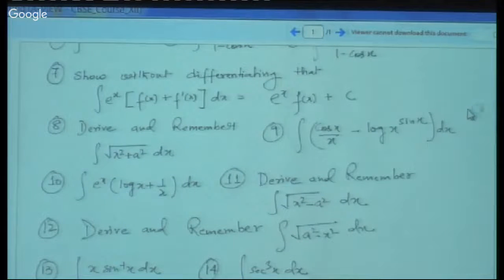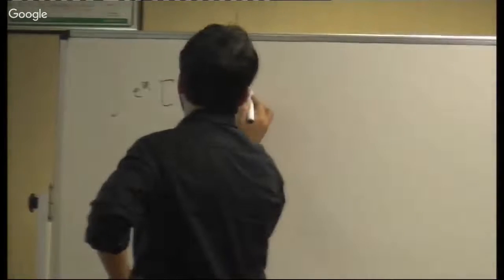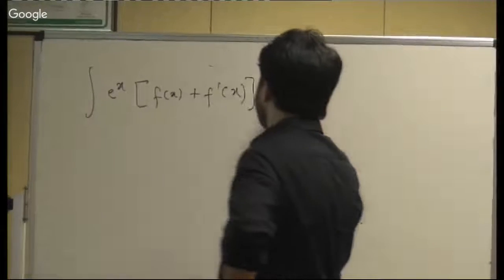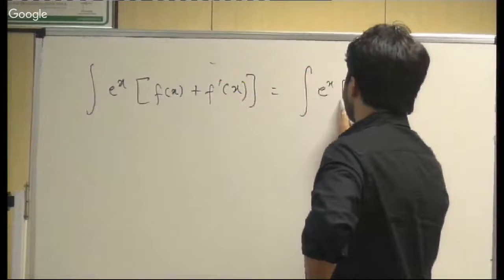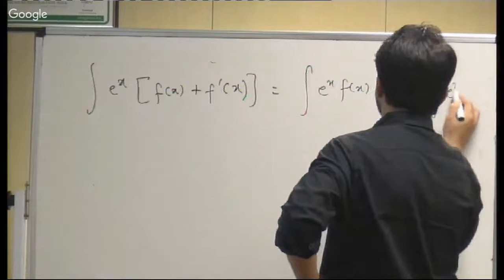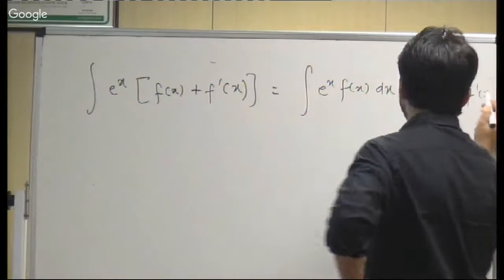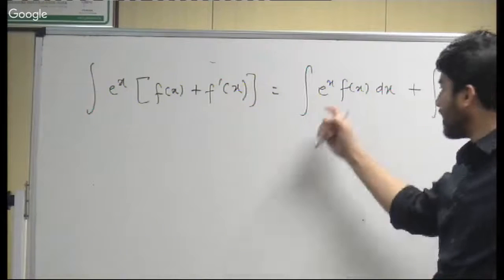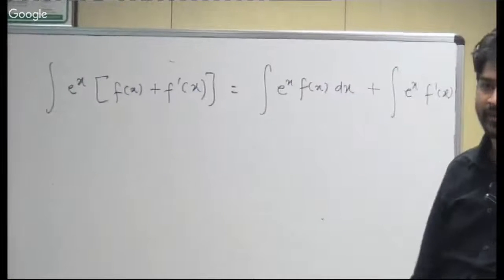So let's say I have to prove it. e to the power x into fx plus f prime x. The first rule I'm going to apply, right? I'm going to take fx as my first part.